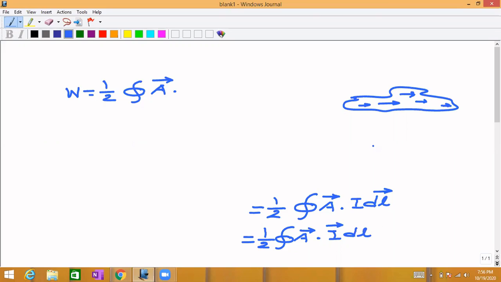But for a current flowing through a three-dimensional body, we have to write in place of dl what? We have to write dv.